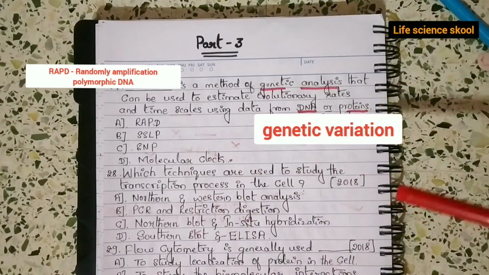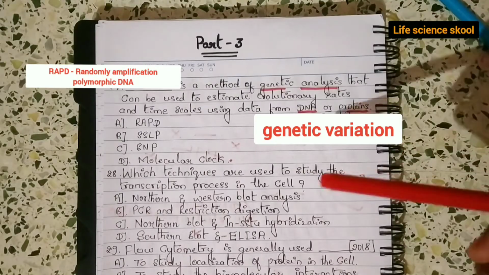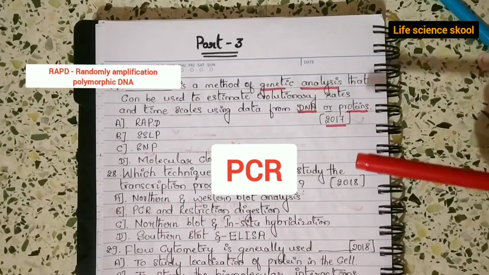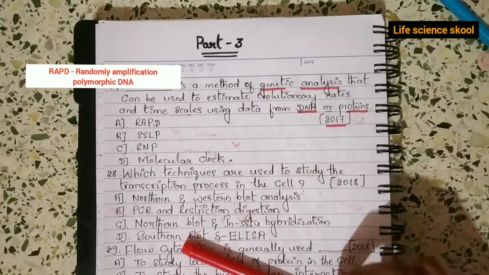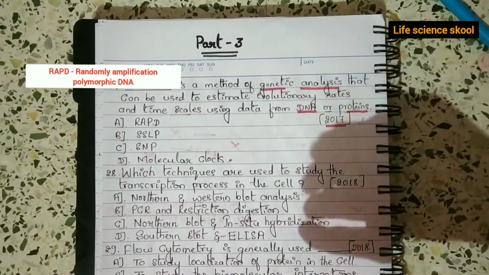It is nothing but a type of PCR reaction, that is polymerase chain reaction. So RAPD is used to identify the genetic variation.